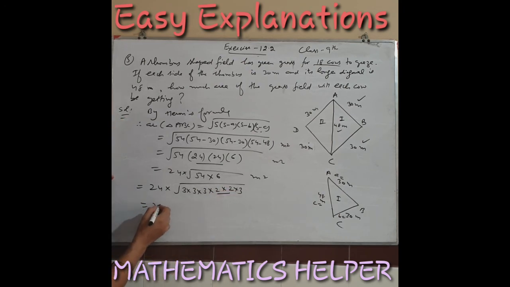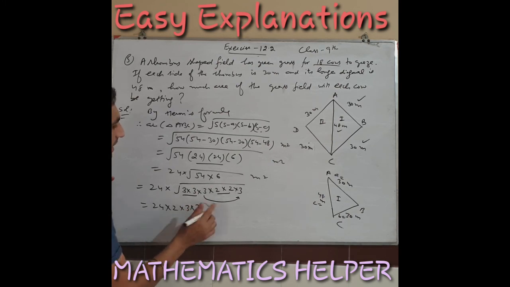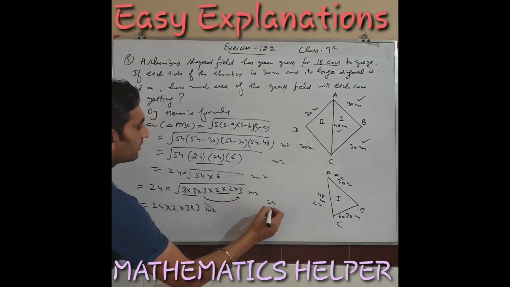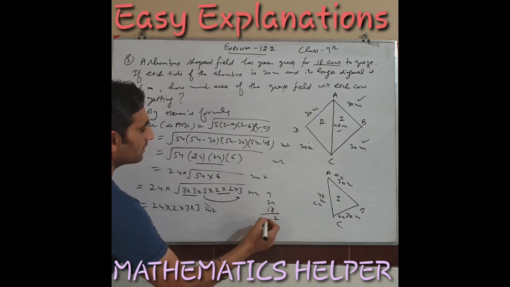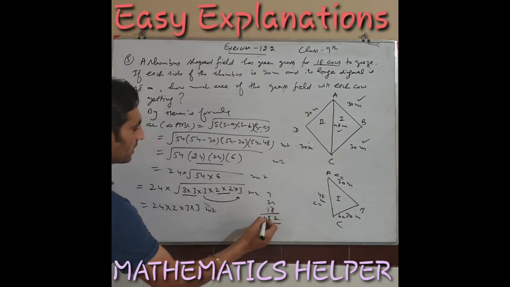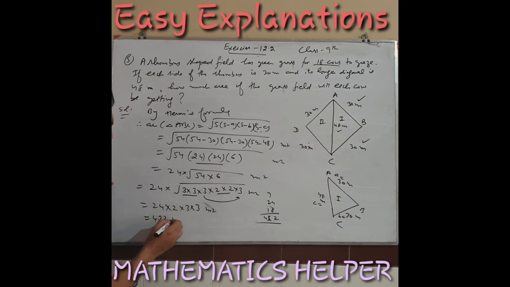So here 2 times, so 1 time out, 3 four times, so 2 times out, and we will now mark our final answer of this area in meter square. What is the answer? 18 into 24, 24 into 18, 72, 7, 432. It is 432 meter square.